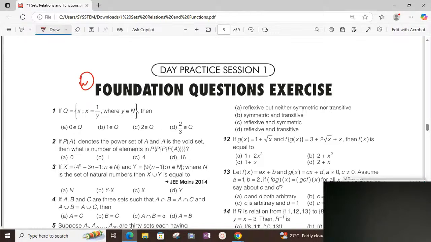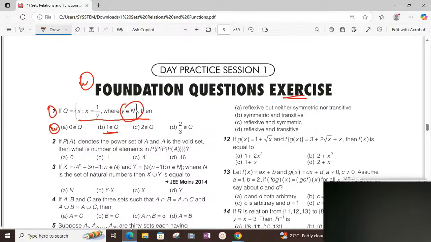This is the foundation question exercise. Let's see, this one is written in set builder form. x is an element of Q such that x equals 1 by y, where y is an element of the natural numbers. So 0 is not an element of Q, because 0 is not a rational number here.